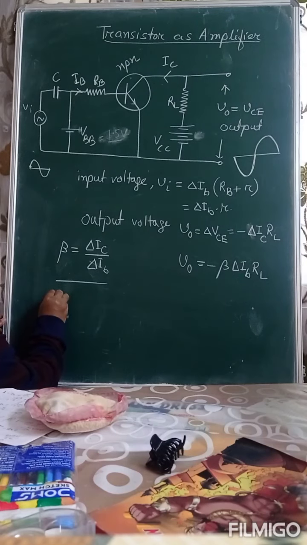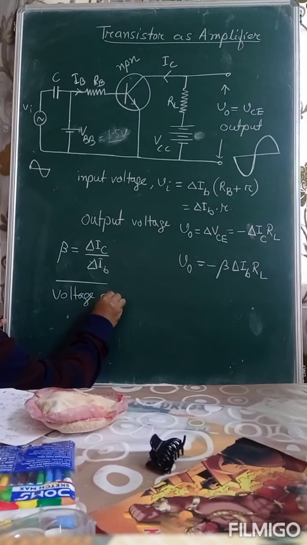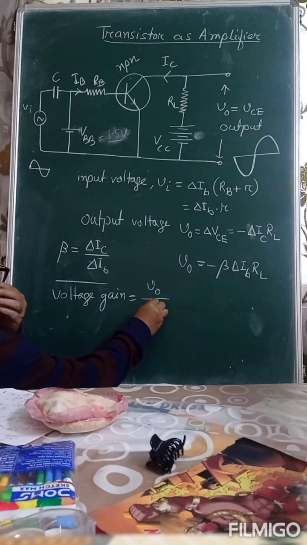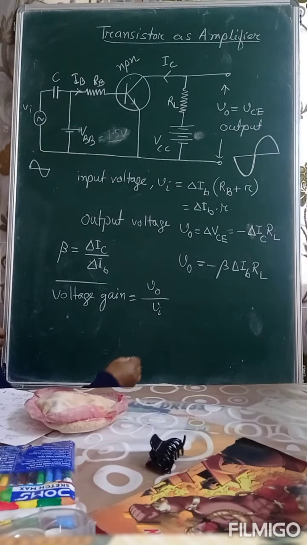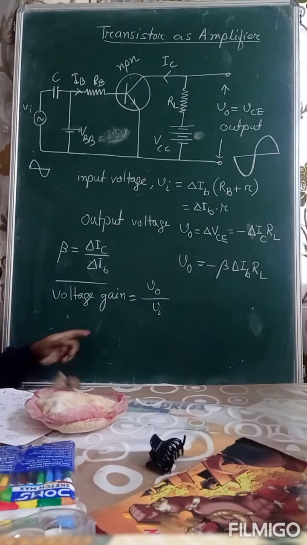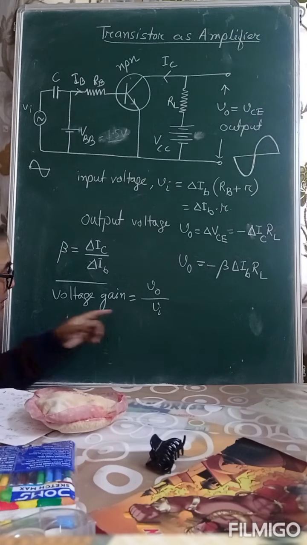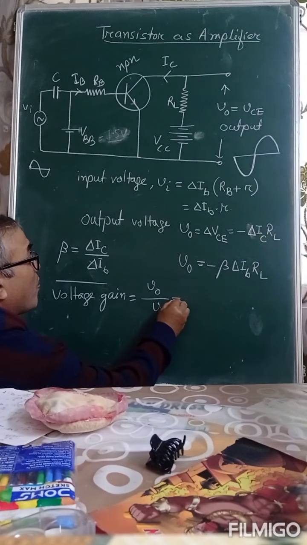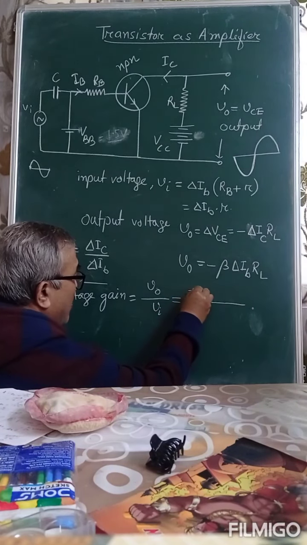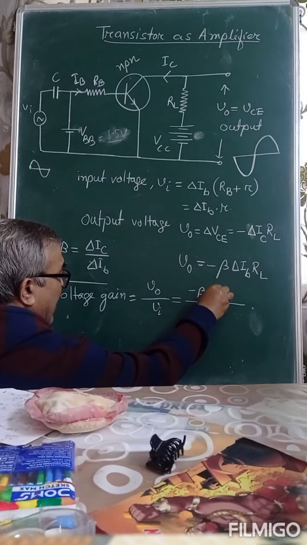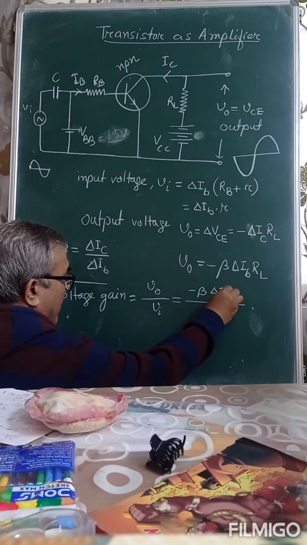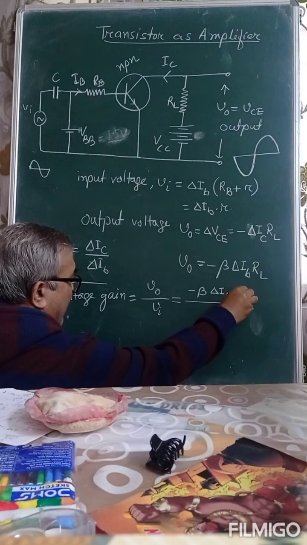Therefore, voltage gain is output voltage by input voltage. This is the output voltage and this is the input voltage. What is the output voltage? Minus beta delta IB into RL.